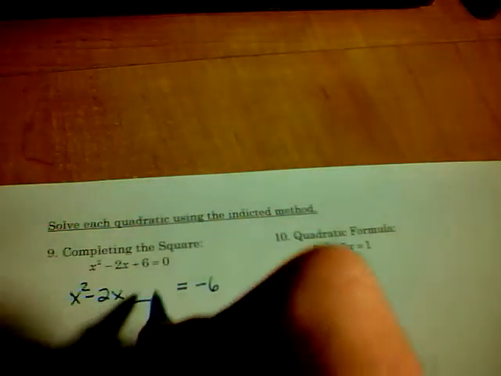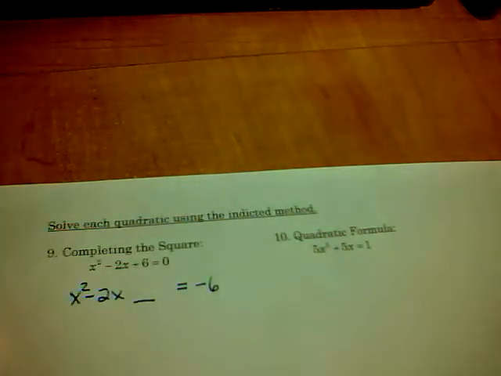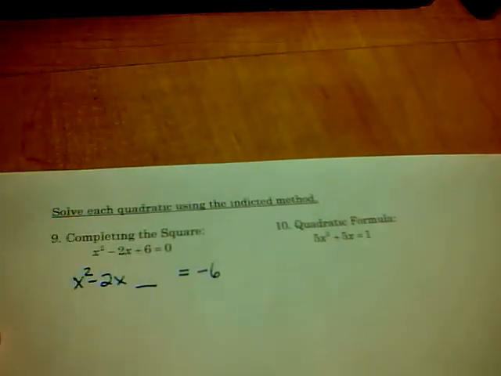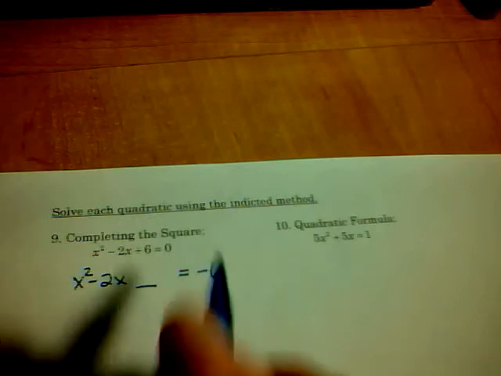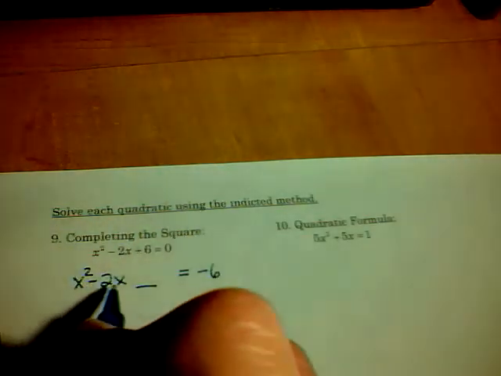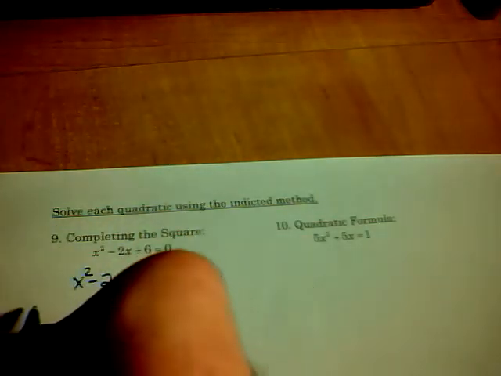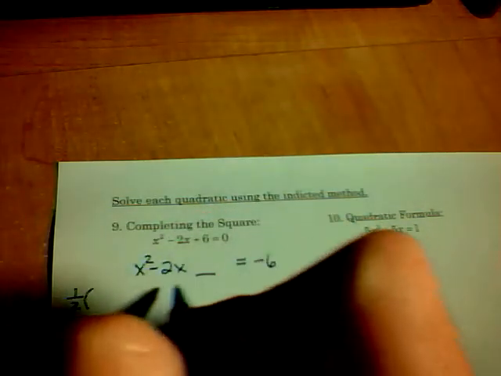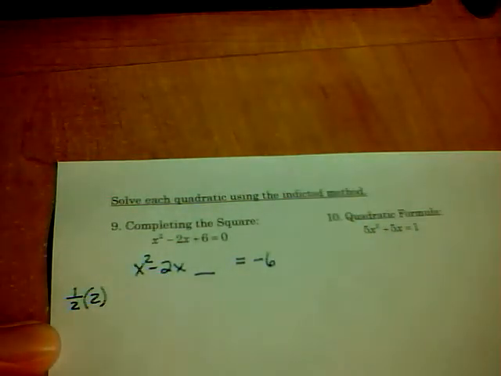Okay? So in order to come up with this term here, you go through a process called completing the square, and in that process this third term will equal, I'll write it over here, 1/2 of the b term here. Because the next step is to square it, it doesn't matter whether you take this negative sign with it or not.